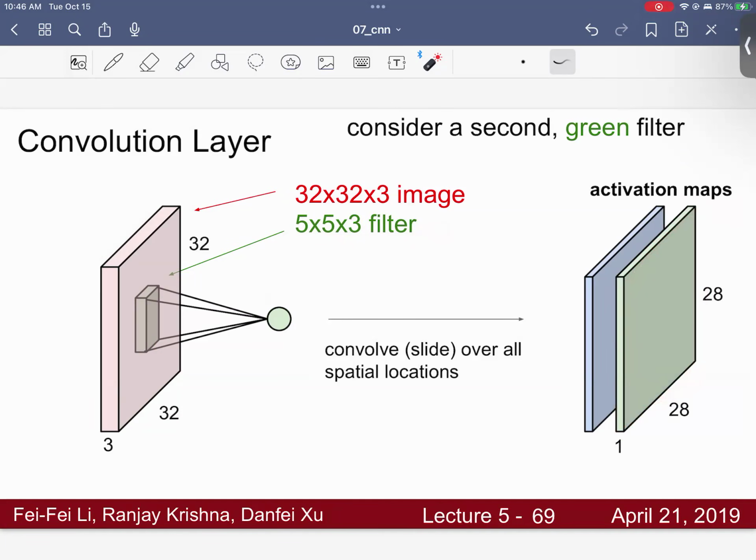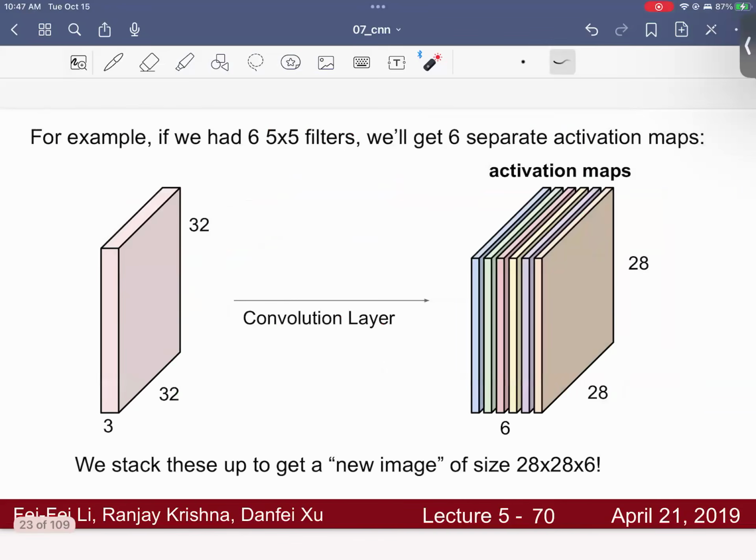So one filter, one activation map, right? The blue one gives you one activation map. The green one gives you another activation map, and so on and so forth. So if you use 6 filters, you'll get 6 activation maps. So your output dimensionality would be 28 by 28 by 6 because you use 6 filters.